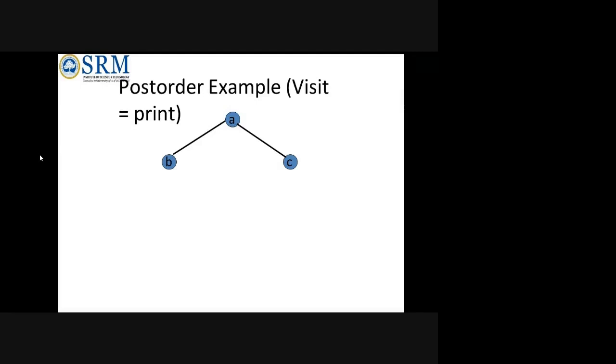So these all will be easy in your in-order. So here B, C, and then A. Hope all are listening. Yes, ma'am. So post order is the left node, then your right node, then only your root node. That small r is right, capital R is root.